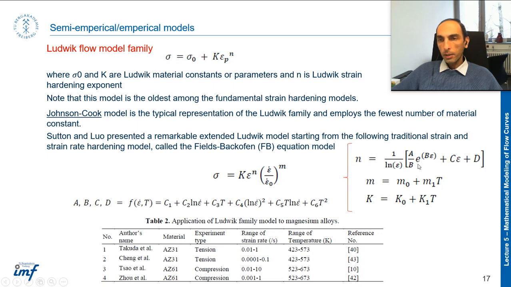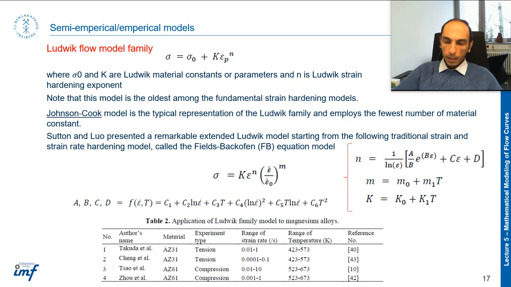Okay, a, b, c, d, these parameters are given here as functions of temperature, strain rate, and strain. So it means that the basic model is very simple, but by giving the parameters as a function of temperature, strain, and strain rate, they make the model more flexible. When the model is more flexible, then you can decrease the error between the experiment and the model.